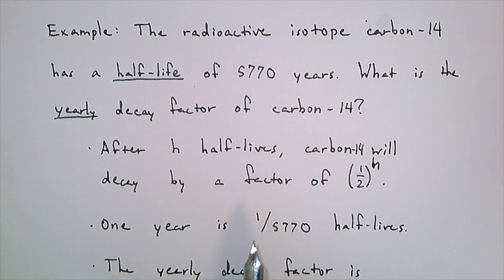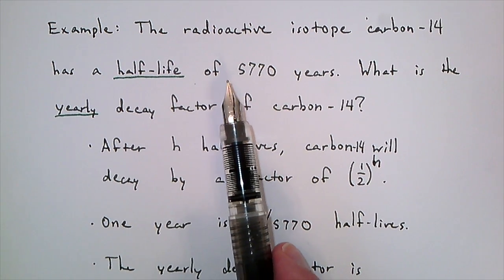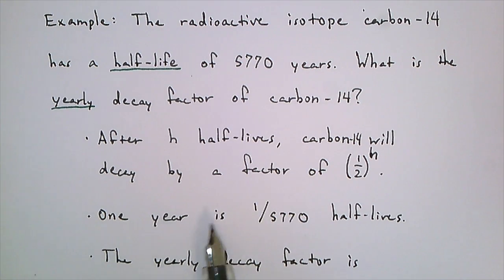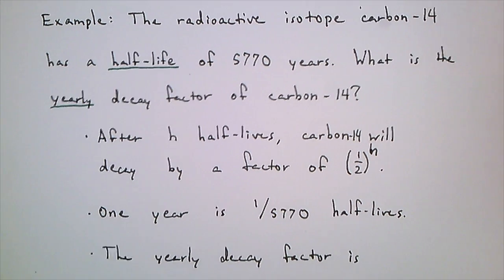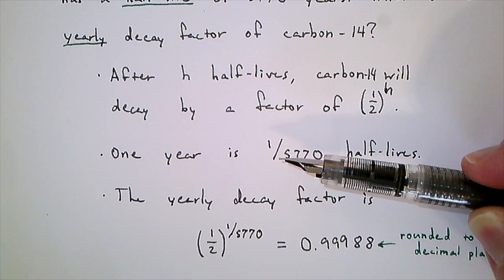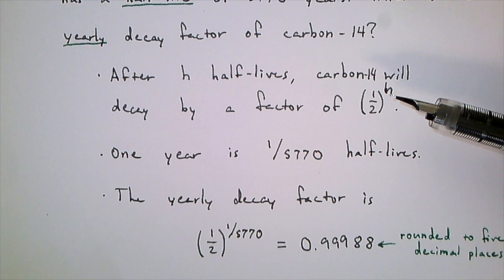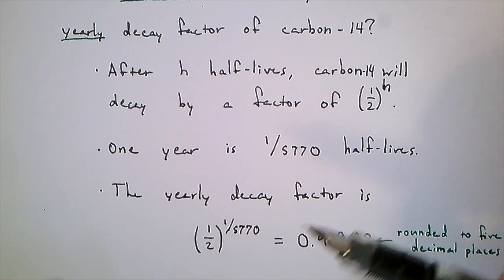Since our half-life is 5,770 years, 1 year is 1 out of 5,770 half-lives. So that means to get the yearly decay factor, we have to put this amount, 1 out of 5,770, in the exponent of 1/2.